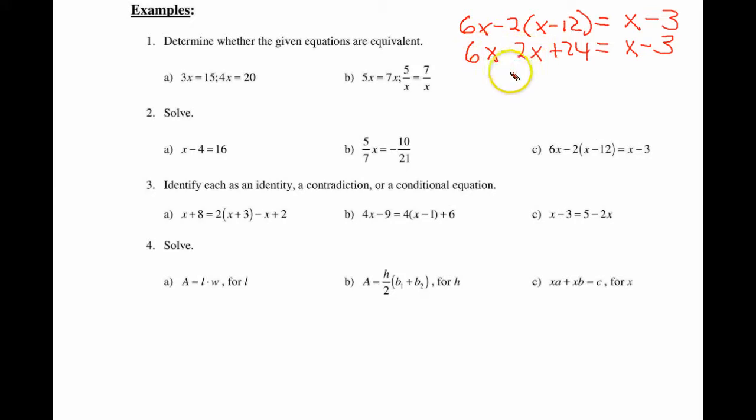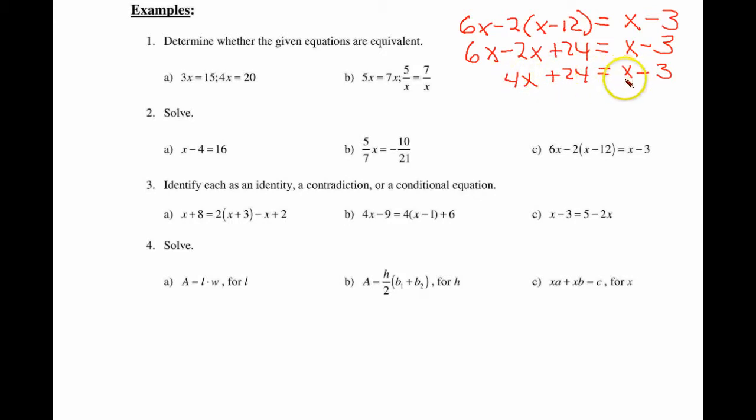So we're going to group these together, and we get 4x plus 24 equals x minus 3. All right, so this is often where we like to be sort of in the middle of our sequence of solving an equation. And notice I'm trying to be neat, keeping my equal signs under one another.